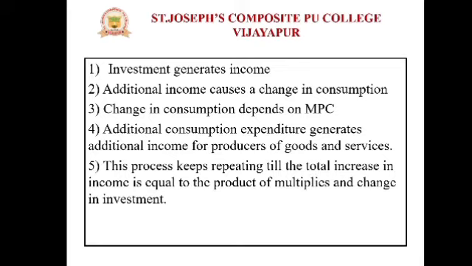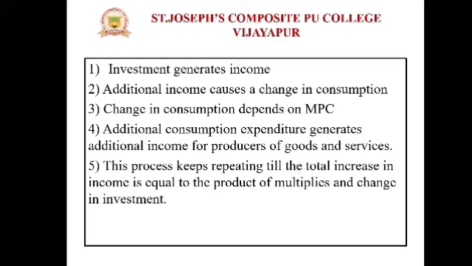Third one, change in consumption depends on marginal propensity to consume. As you know, marginal propensity to consume, right? So why will this consumption change? Because of the additional income, right? So that change in consumption depends on marginal propensity to consume. And fourth one, additional consumption expenditure generates additional income for producers of goods and services.